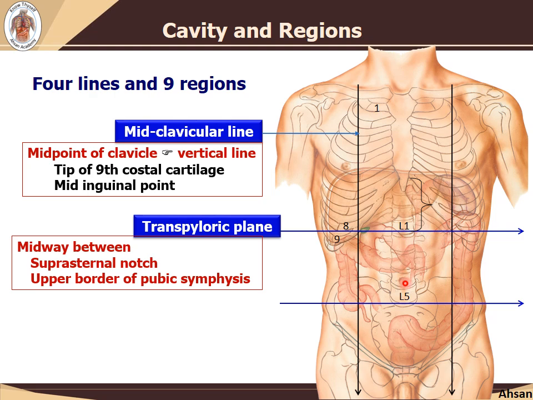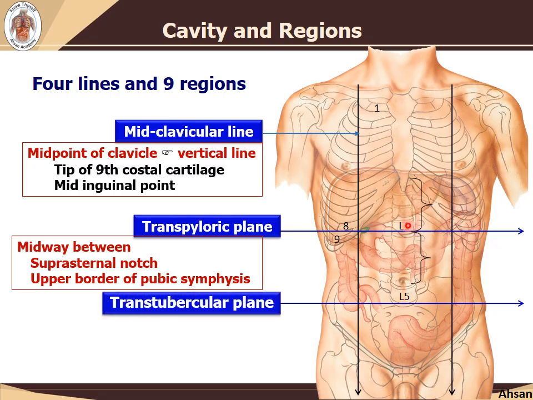So the second way, we can draw a line connecting the umbilicus and the xiphisternal joint, and this is the midpoint. If we draw a horizontal line in this way, then this point will give a clue and will help you to draw the transpyloric plane, and clinically usually we do it this way.